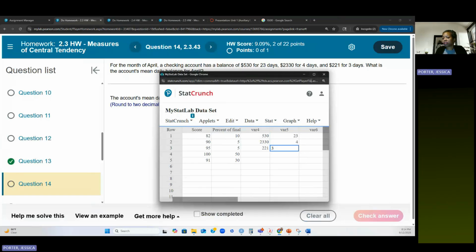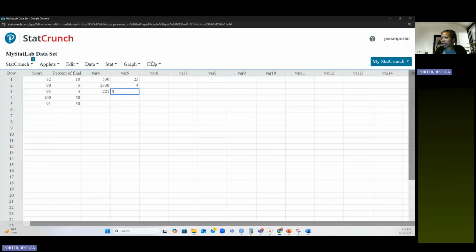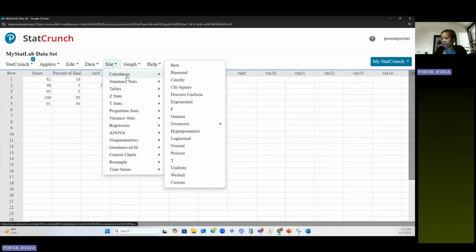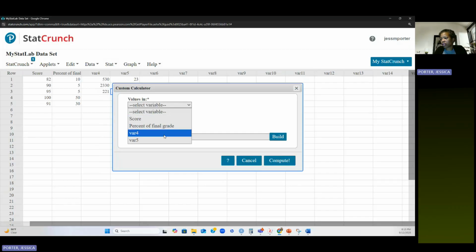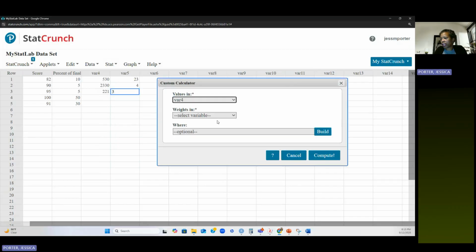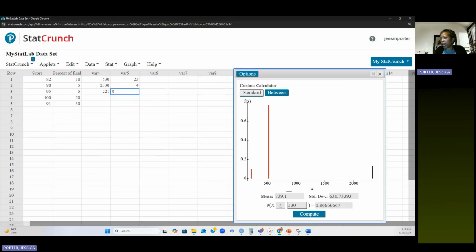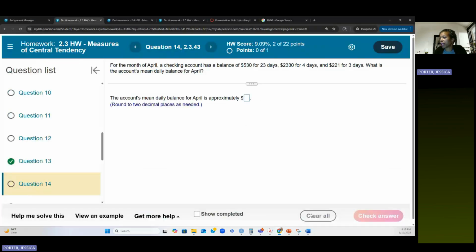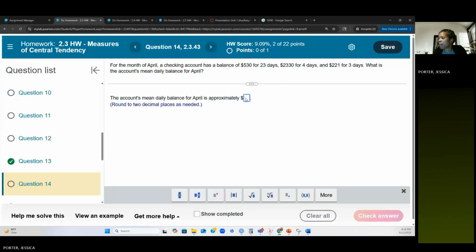So now Stat, Calculators, and this is a custom calculator. The values are in VAR 4 and my weights are in VAR 5. And I'll hit compute. So my average daily balance is $739.10. So I will enter that here, 2 decimal places, 739.10.